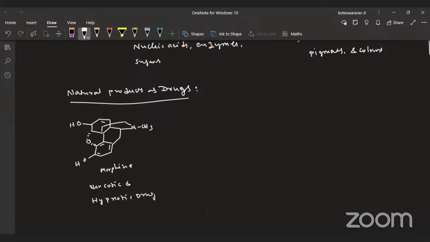Next, quinine is an anti-malarial agent. I spent my entire life on the quinoline molecule for research. Almost that molecule.